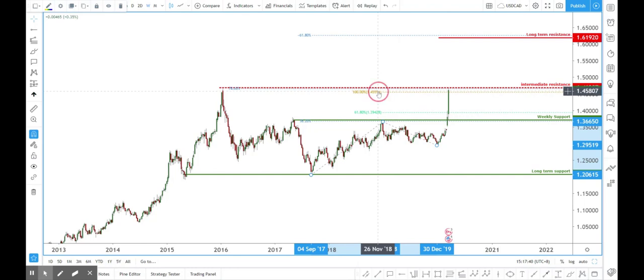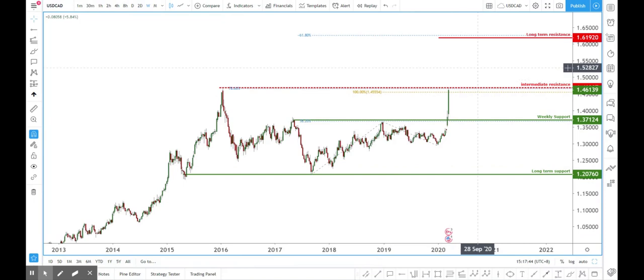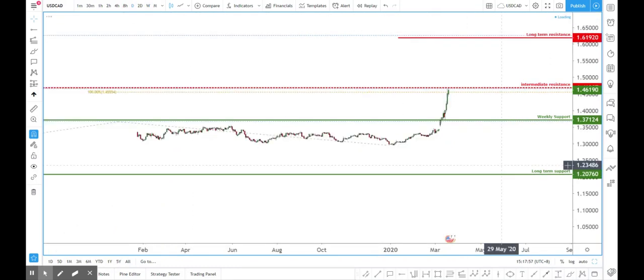So this is definitely a key area. Right, so I'm not going to change this intermediate resistance. Seems like it could also be a very strong resistance. Now that we have the weekly support and the long-term intermediate resistance, let's go down to the daily.